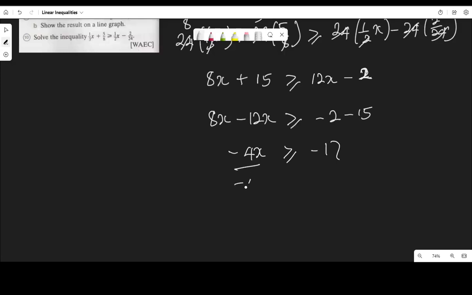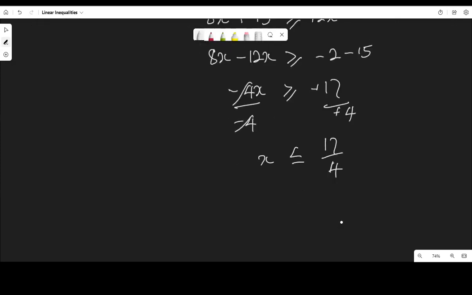Divide both sides by minus 4. And remember, when we divide by a negative number, we reverse the sign of inequality. The minuses cancel. So 17 over 4. 17 over 4 is 4 whole number 1 over 4.